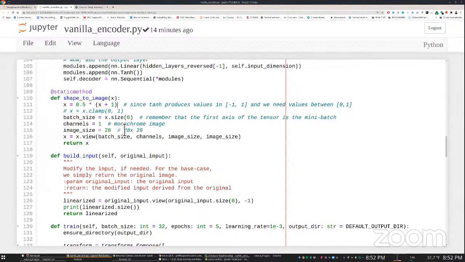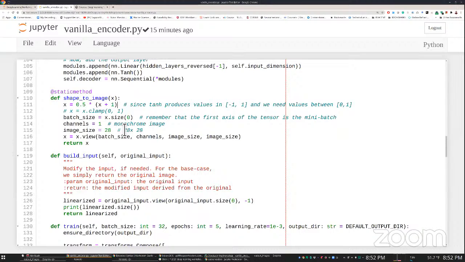When you flatten it, because a dense layer can only take a linear input, isn't it, guys? That's why in PyTorch it's called linear. It can only take a vector as an input, not a tensor. So how would you flatten it? You would just flatten it into a single vector of 784 dimensions, and then you do all your work.